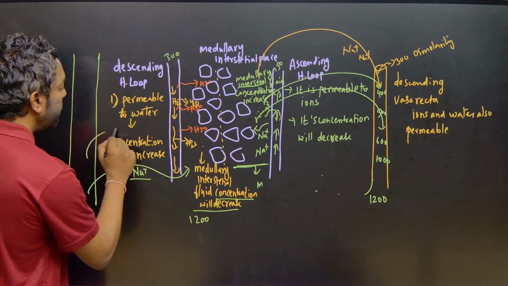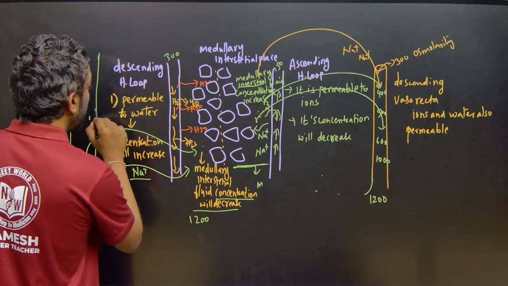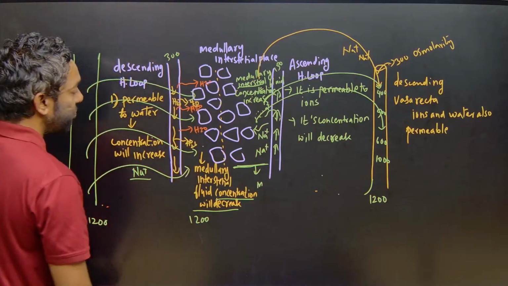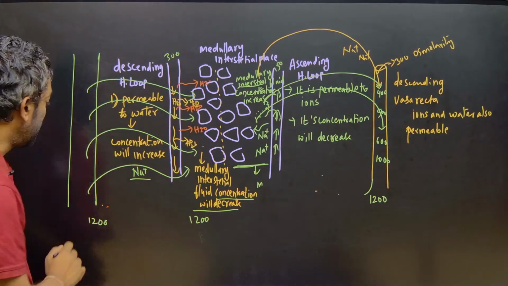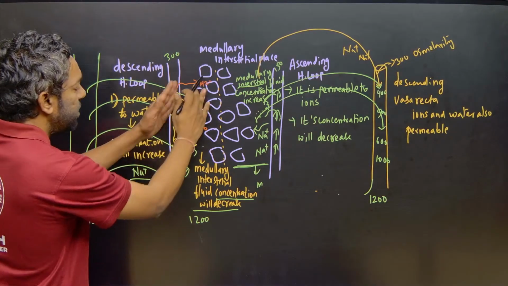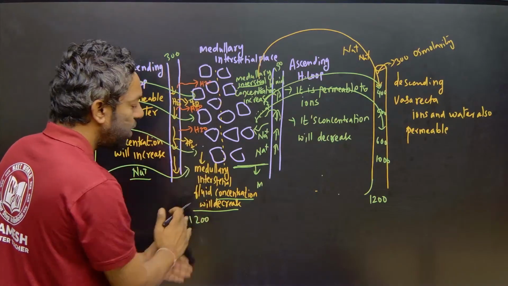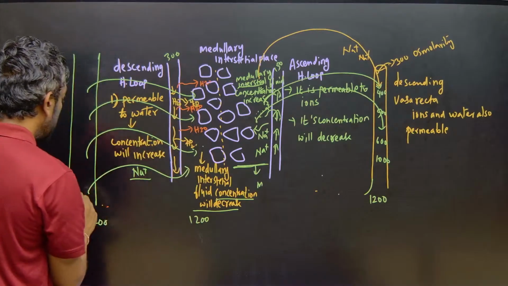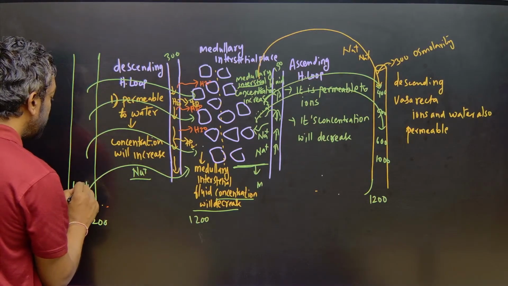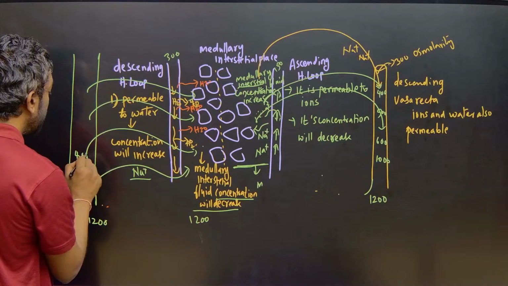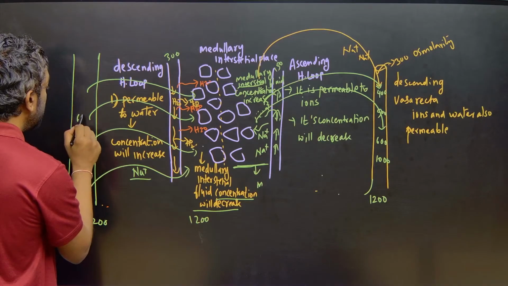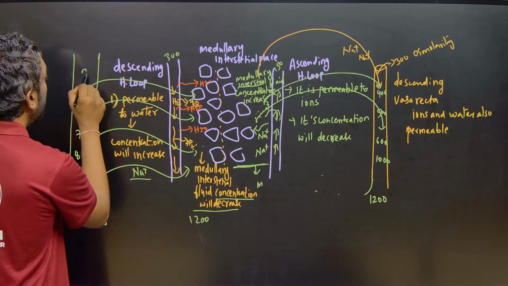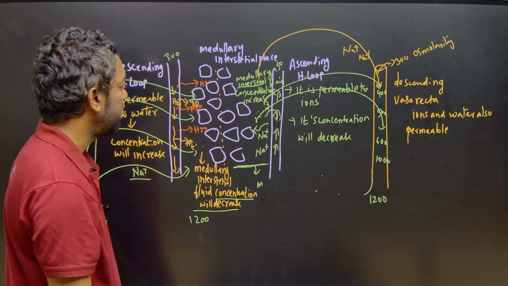If the ions transfer into the medullary interstitial fluid from the ascending Vasa recta, the concentration on this side will be low. So this 1200 becomes 1000, 1000 becomes 800, 700, 600, 500, 400, and finally it will reach 300.